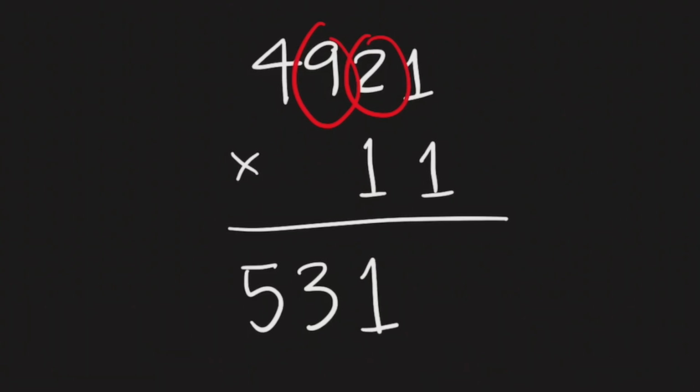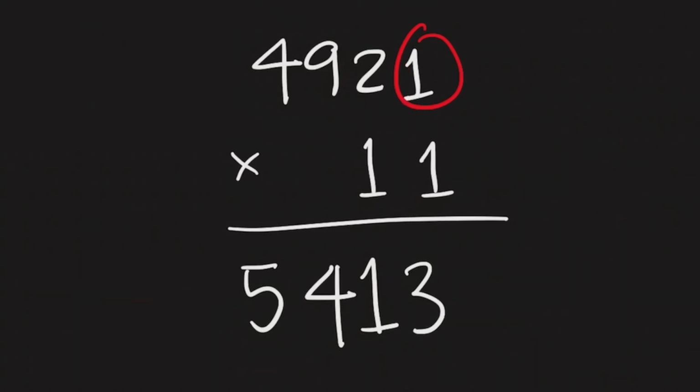Therefore, 1 comes here, and the other one will be carried over to 3, which gives us 4. And 2 plus 1 gives us 3, and the last digit will become 1. Therefore, the final result will be 54,131.